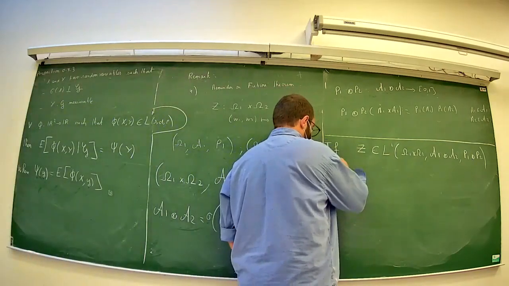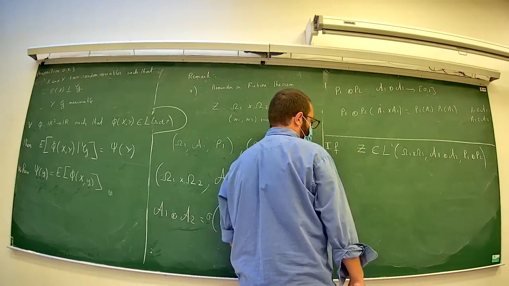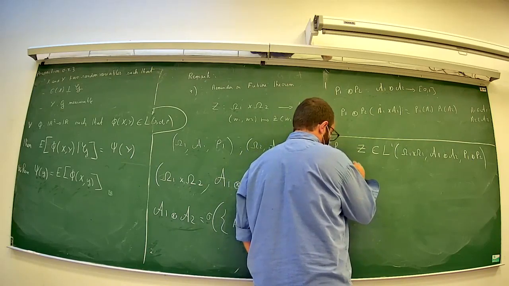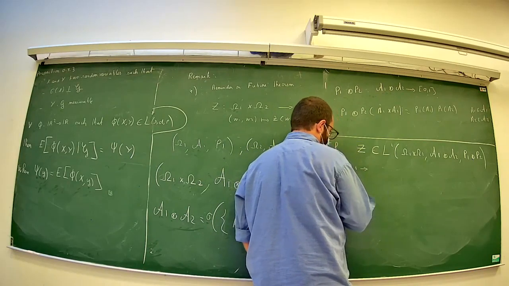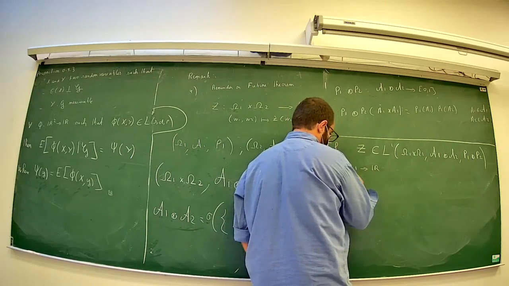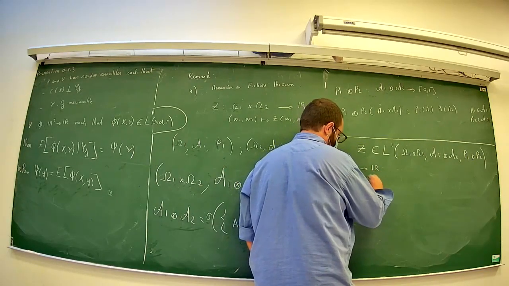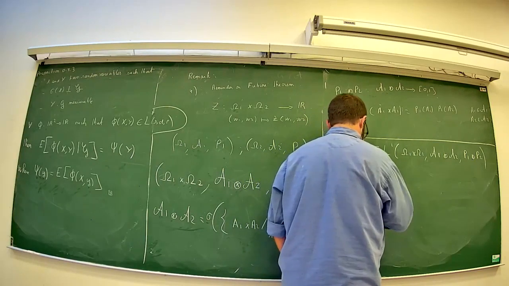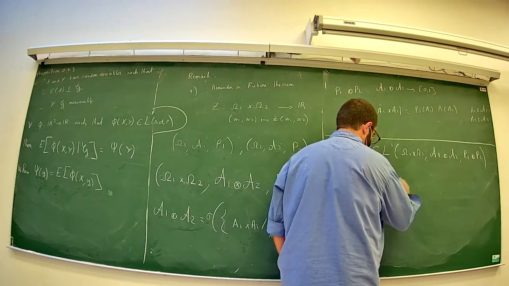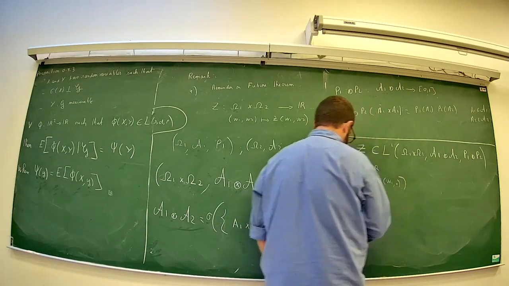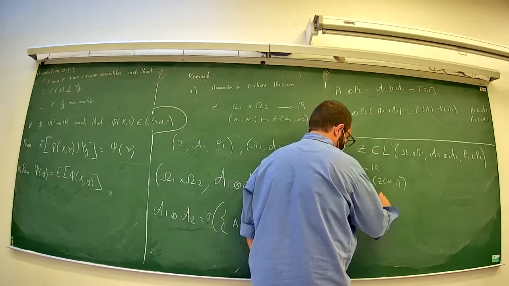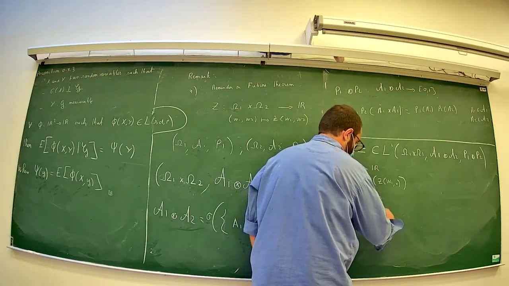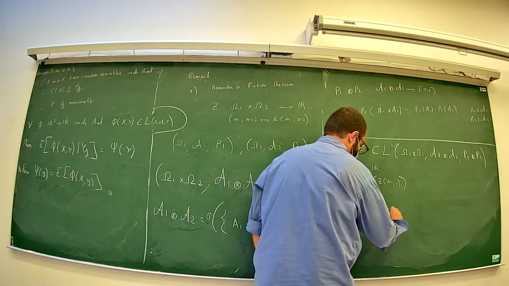First, if I consider these partial mappings, so what is the meaning of these partial mappings?